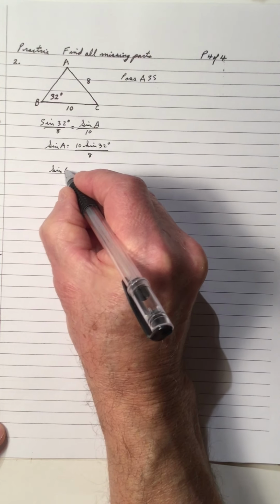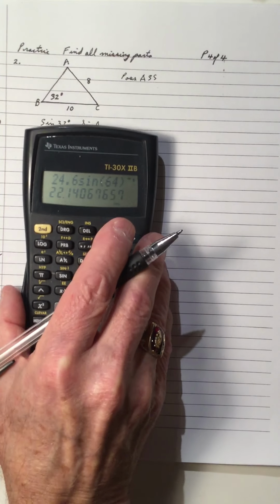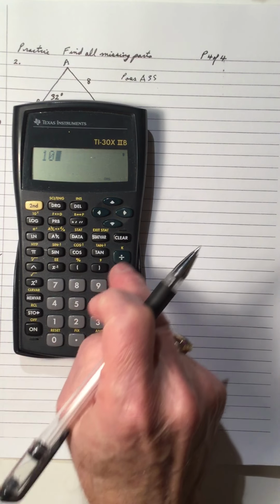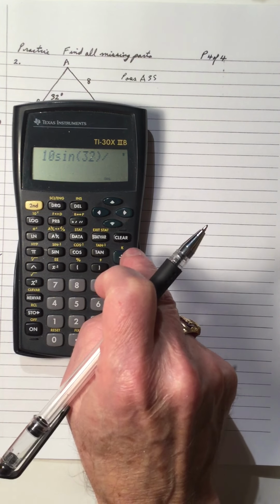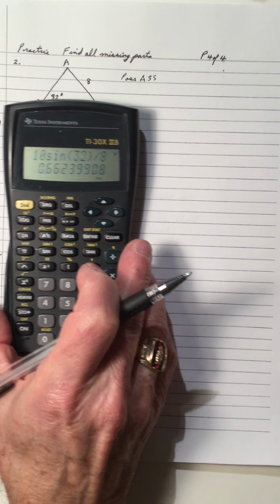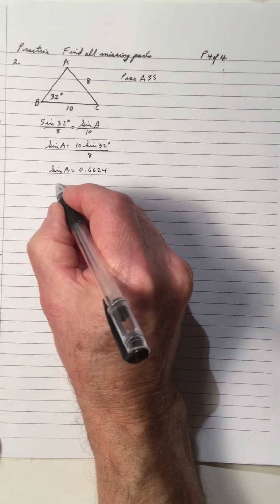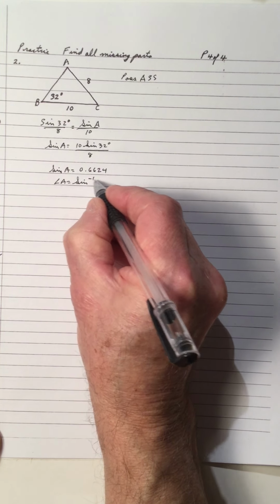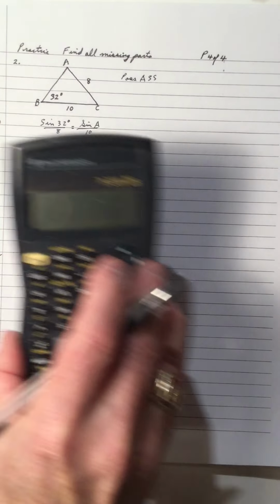So the sine of A, 10 sine 32 divided by 8, gives me decimal 0.6624. So angle A is sine to the negative 1 of 0.6624.